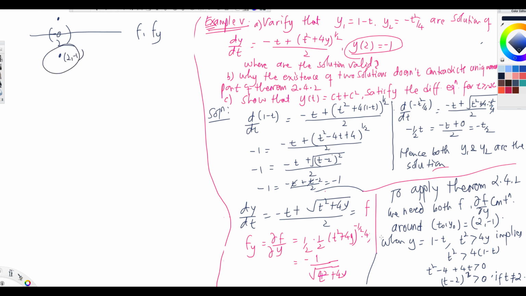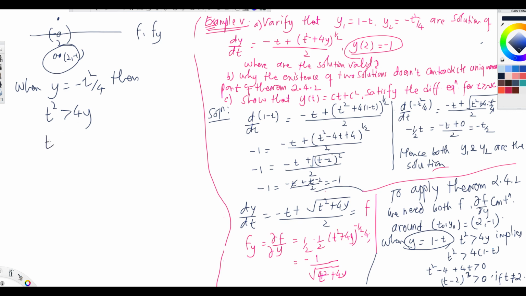But what we found here is that if you take y equals 1 minus t, then both functions are not continuous around (2, -1), because on the left side they are not continuous. Now if you look at y2, when y equals negative t square over 4, then we need t square greater than 4y for this function to be defined.